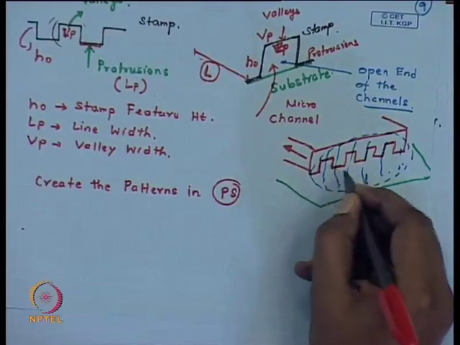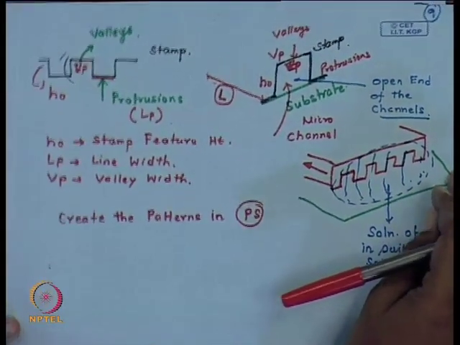So, one of the key requirements for successful implementation of MIMIC is that the stamp material, or the walls of each of these channels being made, should be preferentially wetted by the polymer solvent.